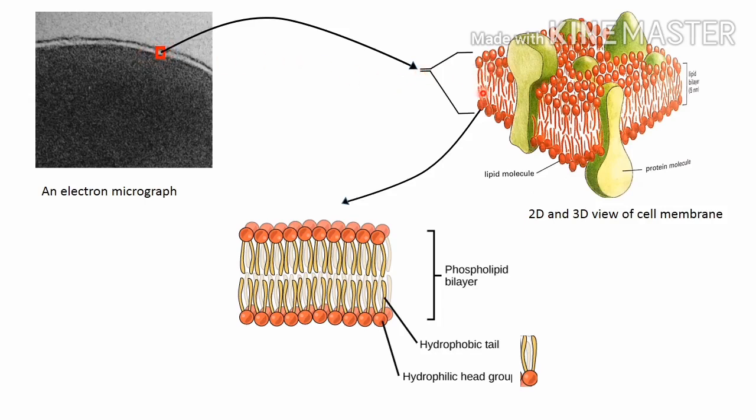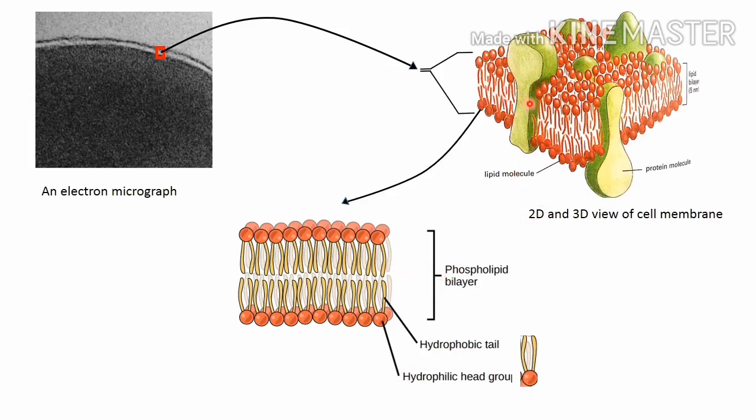And here we can say that the plasma membrane is made up of these phospholipid molecules. These phospholipid molecules have a head that is known as a hydrophilic head, and two tails that are hydrophobic tails.